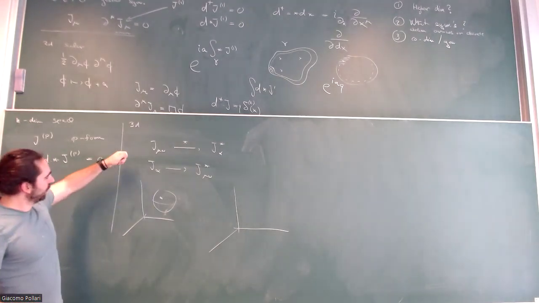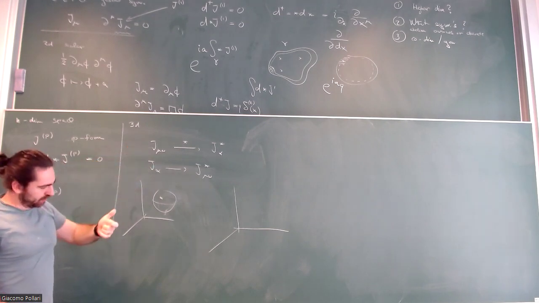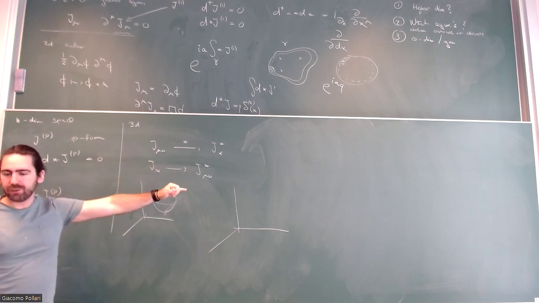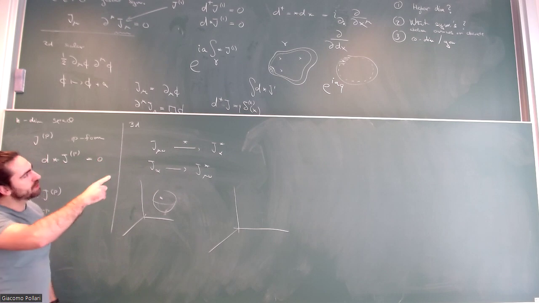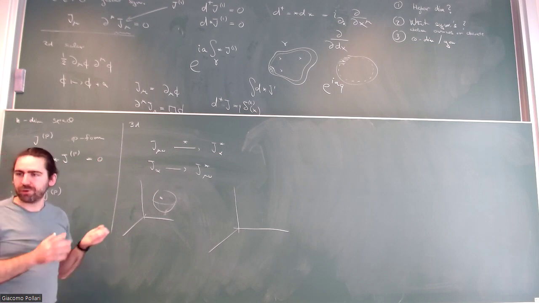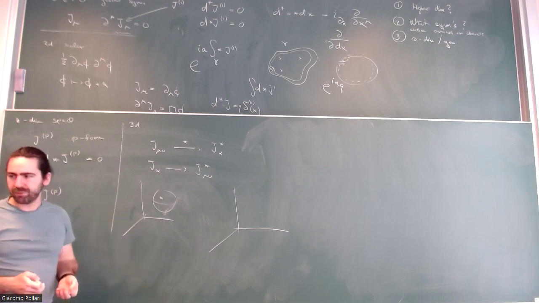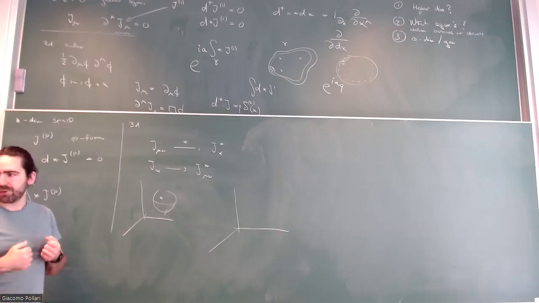But okay, the thing is that I claim there are operators which read off a charge for these lines, just like my codimension one surfaces read off the charge of the local operators. Now there are some higher operators or higher symmetries which will link with these extended operators and read off their charge.